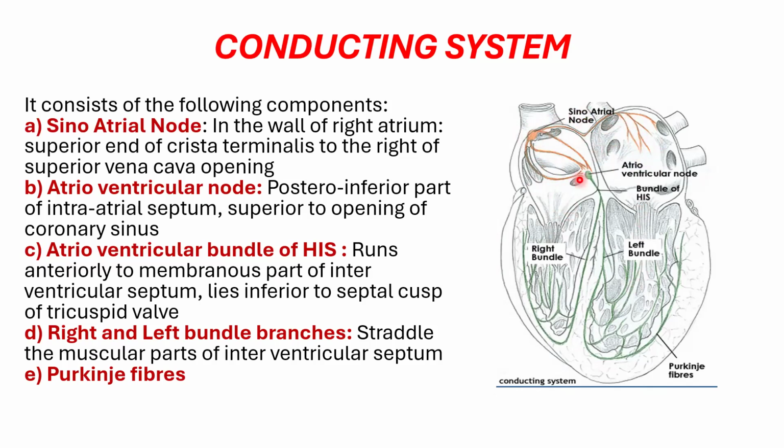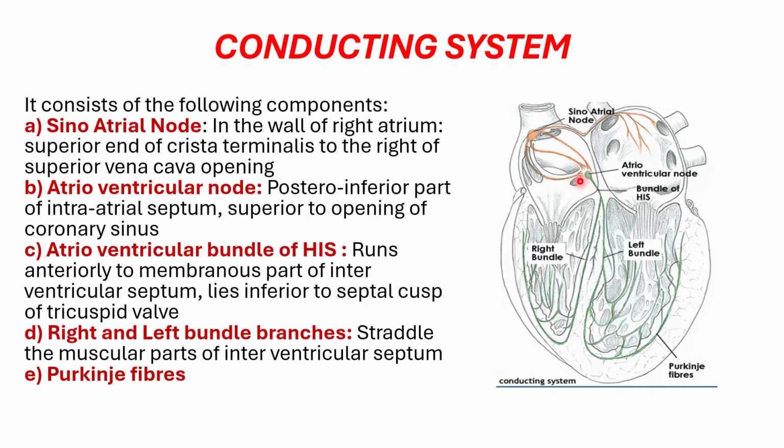Then you'll have internodal pathways from the SA node to the AV node. So we have anterior, middle, and posterior. Some of them you will hear referred to by various names, Bachmann's pathway, and the rest. At one time, you can try and go through them.